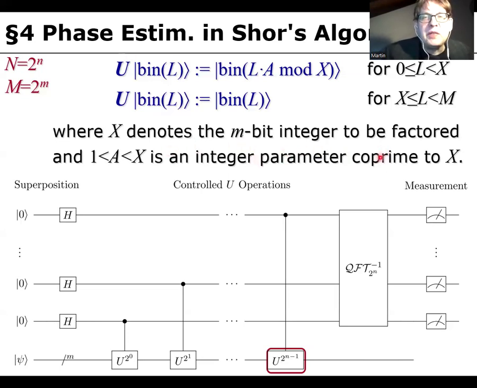And the good news is, if it is co-prime to X, then transforming L into L times A modulo X forms a group, right?